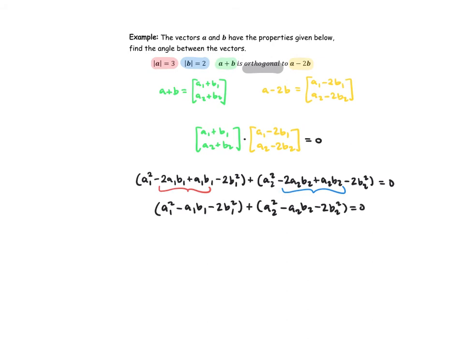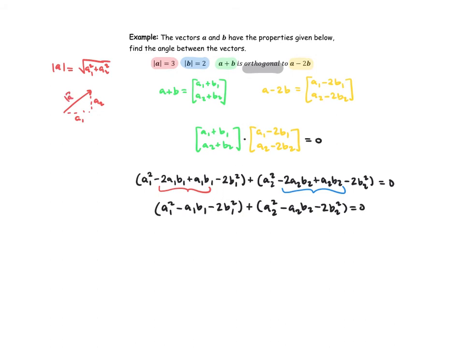Okay, so where do you go from here? Well, I mentioned at the beginning that I was going to utilize the magnitude of A. So what is the magnitude of A? If I look at vector A, with horizontal and vertical components, this is A1, this is A2.